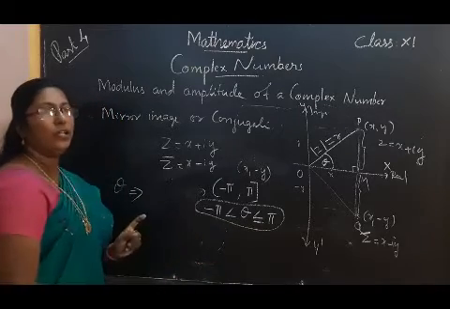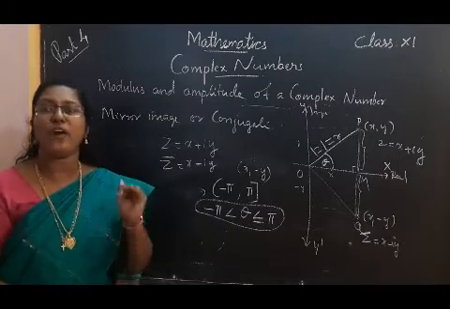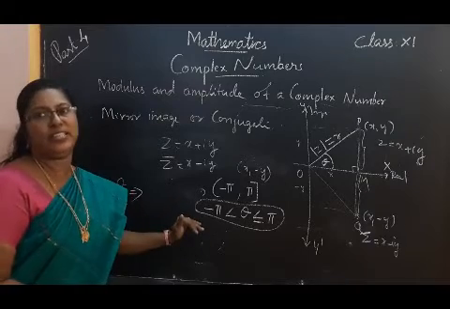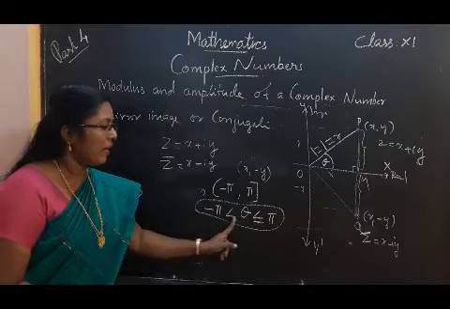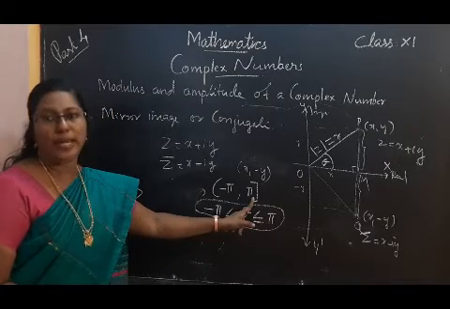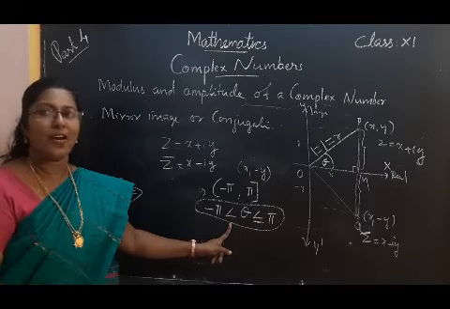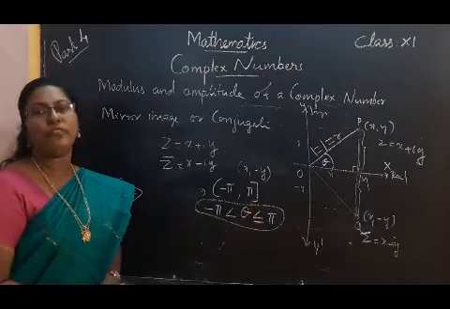This is called the principal value of theta, or the principal value of the argument of Z. The amplitude always lies between minus pi and pi, including pi. This is called the principal value of amplitude of Z or argument of Z.